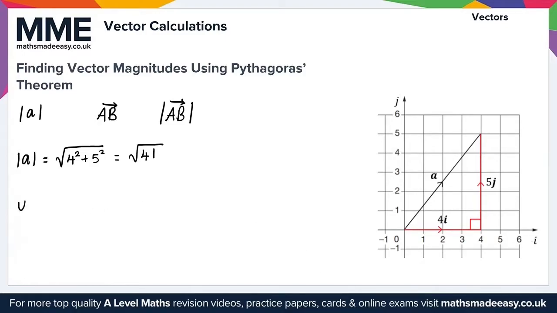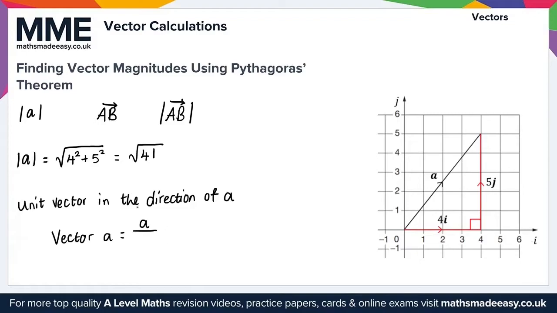So let's say we want a unit vector in the direction of A. Well, in that case, the unit vector is simply equal to A divided by the magnitude of A. And as stated, in position vectors, a unit vector has a magnitude of 1.